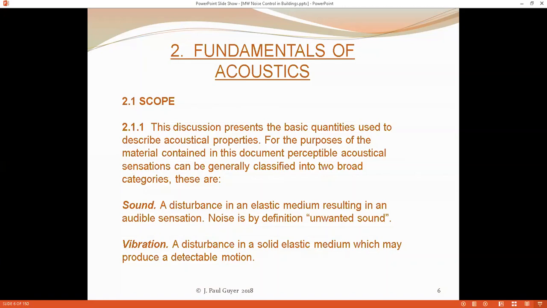And it's not completely a through the air process, because the sound does get transmitted to a lesser degree through the solid materials in the building, the wall, floor, ceiling.